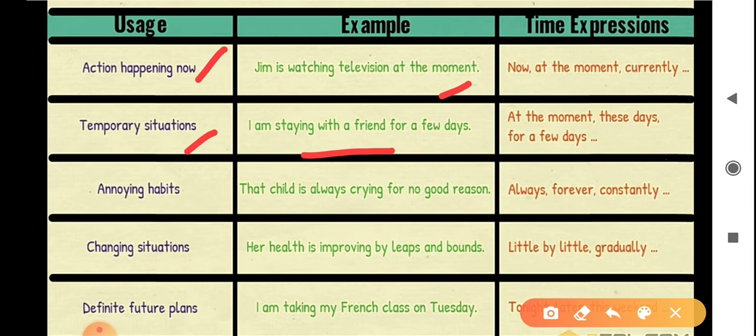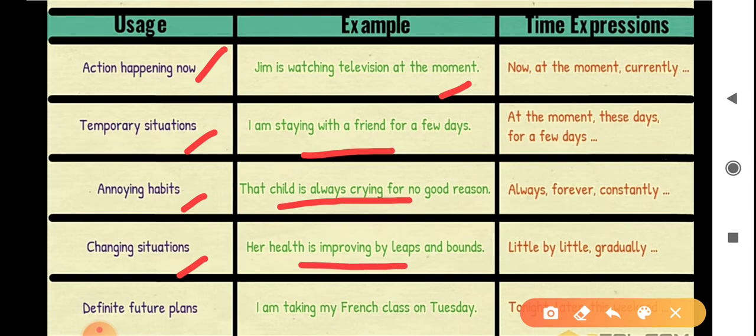Annoying habits. Speakers mostly represent their annoying feelings or emotions with always plus main verb plus ing. For example, that child is always crying for no good reason. For changing situation, we use present continuous tense.